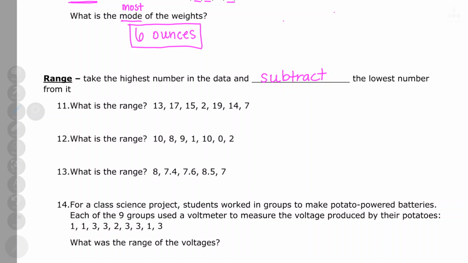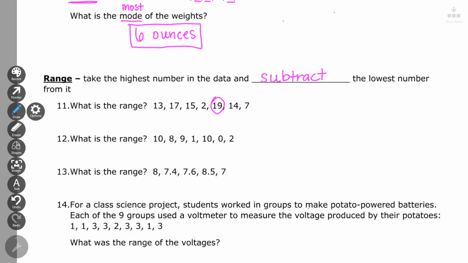What is the range? We've got 13, 17, 15, 2, 19, 14, and 7. So what's the highest number? 19. What's the lowest number? 2. So we have to say 19 minus 2, and 17 is our range.